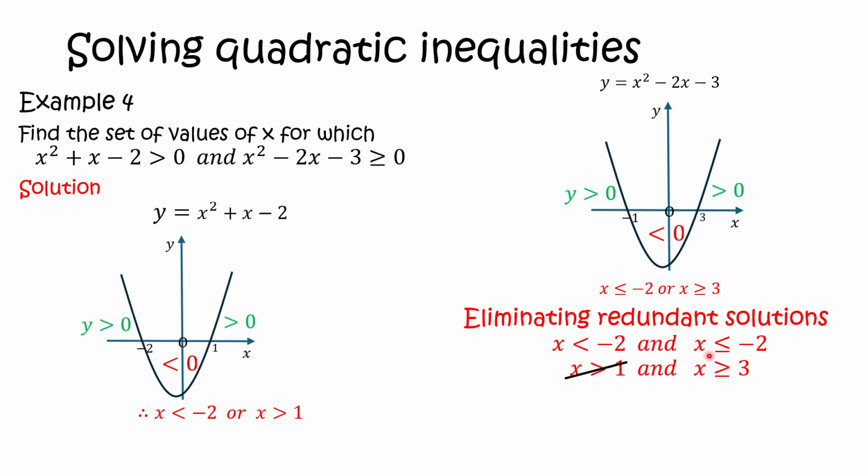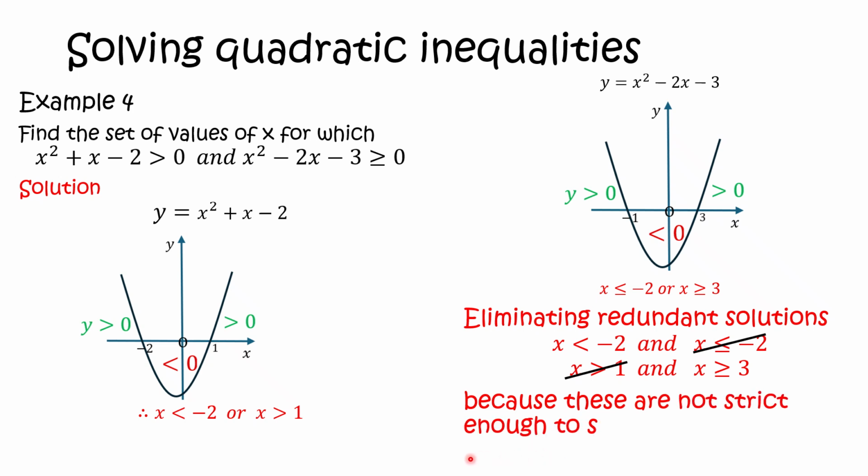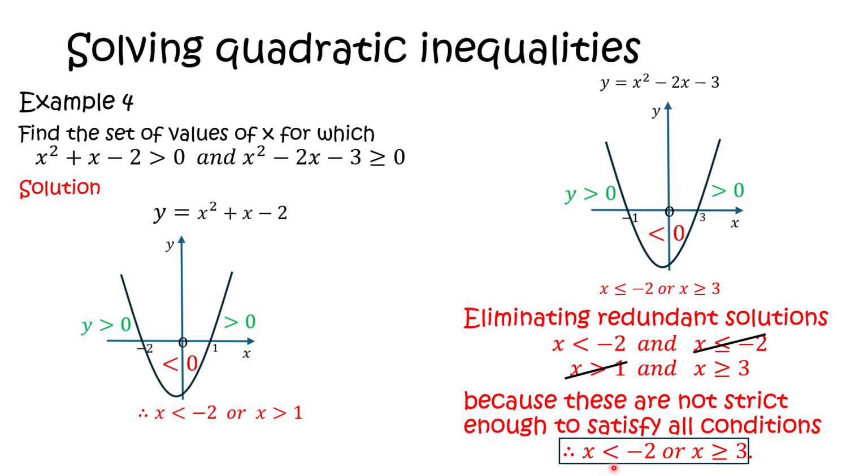The same goes for x is less than or equal to minus 2, because the other one only takes values that are less than minus 2, whereas the equal to takes even the equal to minus 2. It's not strict enough. So we eliminate this because they are not strict enough to satisfy all the conditions. Therefore, our final solution for both inequalities becomes x is less than minus 2 or x is greater than or equal to 3.